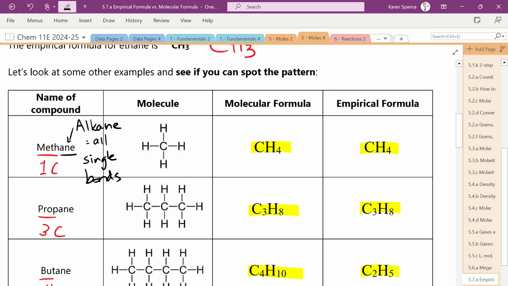Okay, so an alkane is made of carbon plus hydrogen with all single bonds. So we have methane, propane, butane, all made of carbon and hydrogen, all with single bonds.